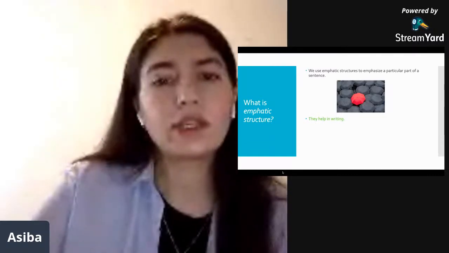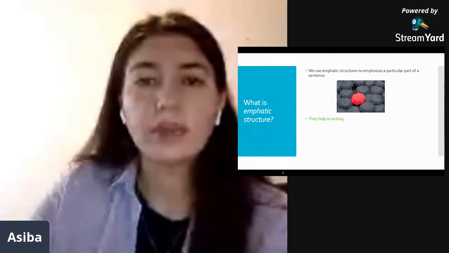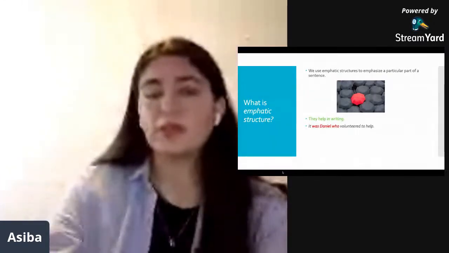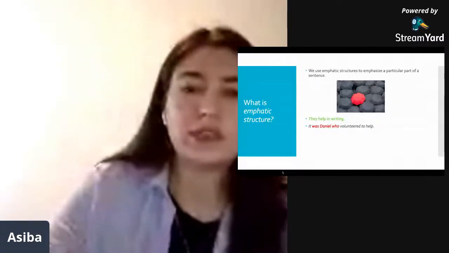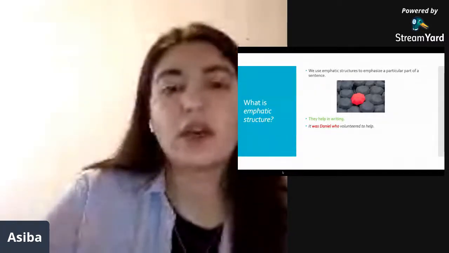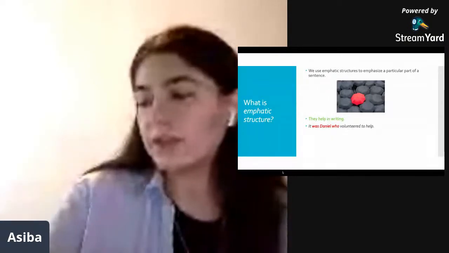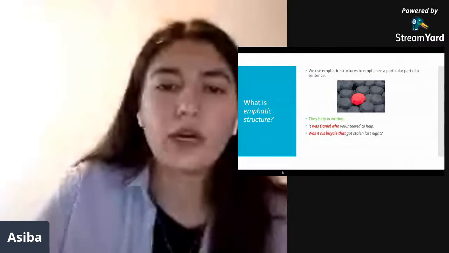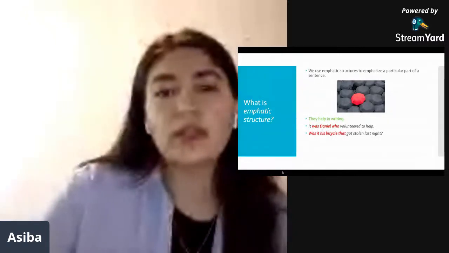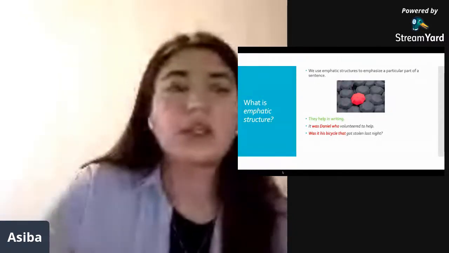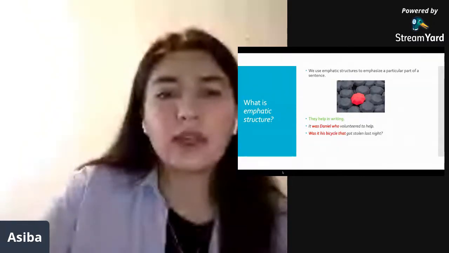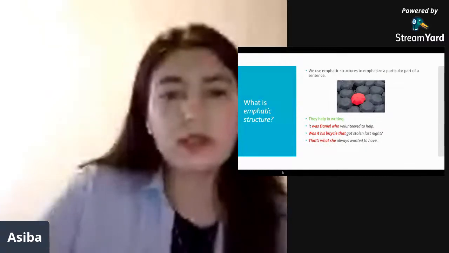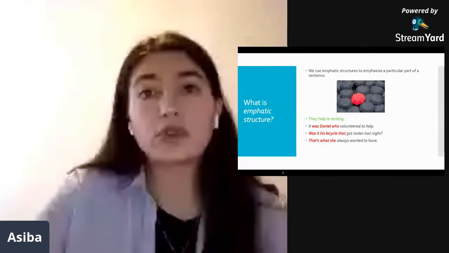So here is an example sentence: they helped in writing, and it was Daniel who volunteered to help. As you can see, the highlighted red words are emphasized. Or, was it his bicycle that got stolen last night? Here we want to emphasize that it was the bicycle, or that is what she always wanted to have.